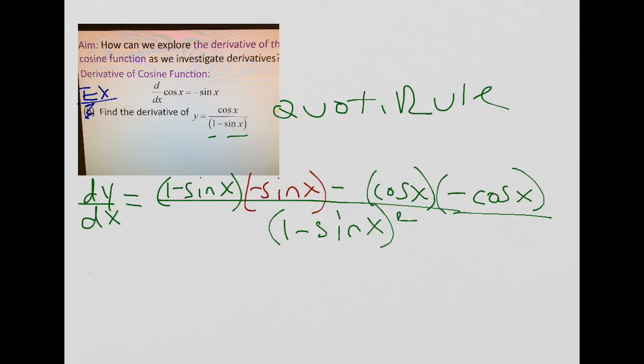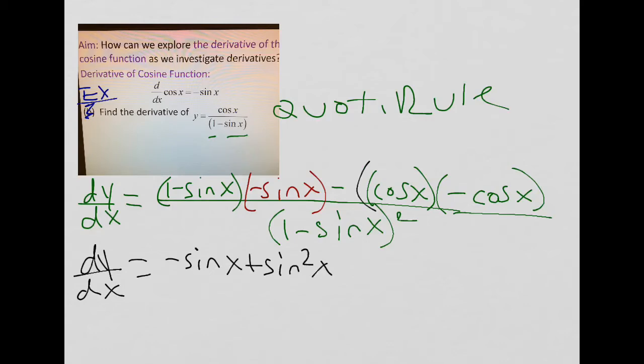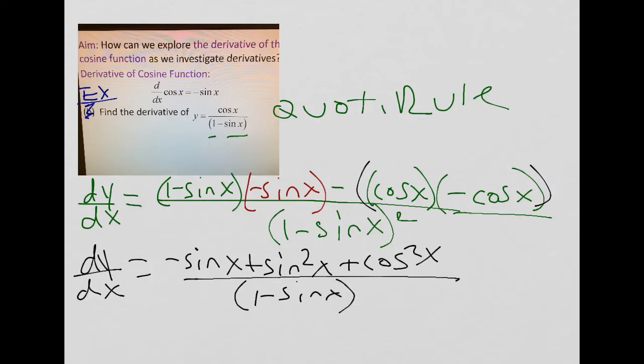Okay, so at this point, let's just figure out what we have in our numerator. So if I distribute the sine of x, and I distribute this negative sign to here, I get a positive cosine squared of x. And you should identify that there is an identity in the numerator. And this right here is 1.